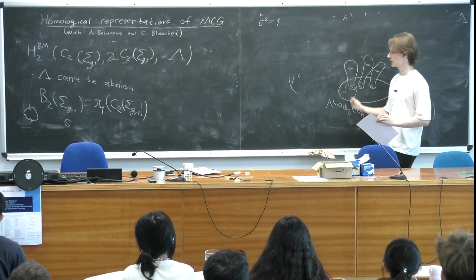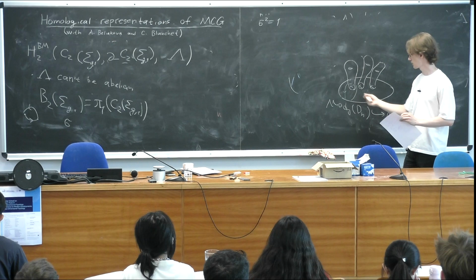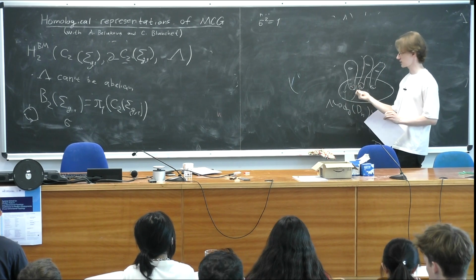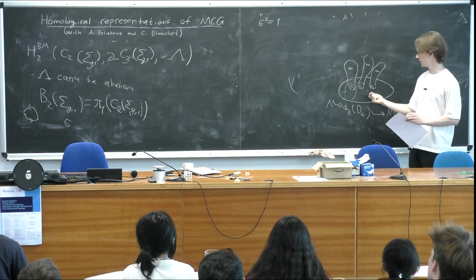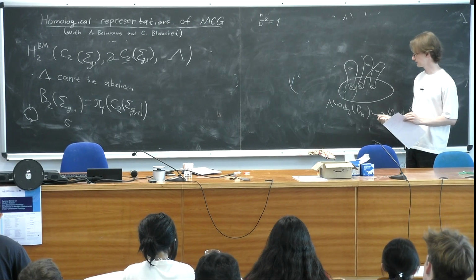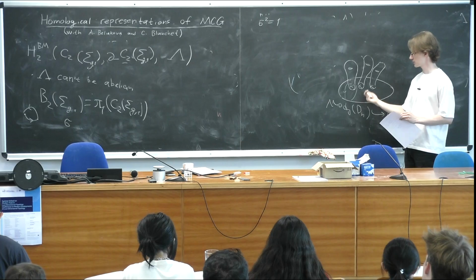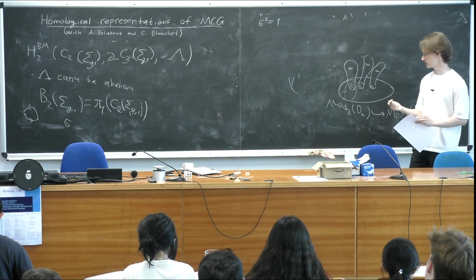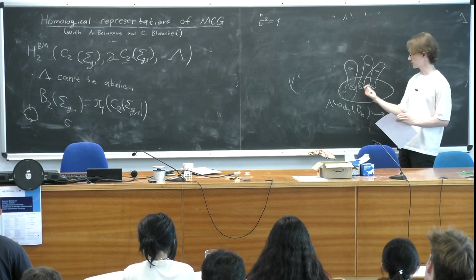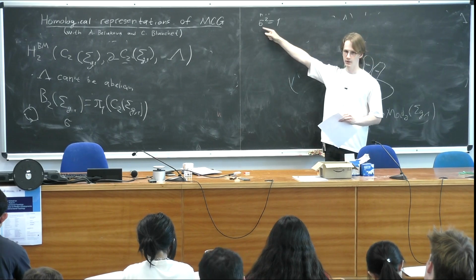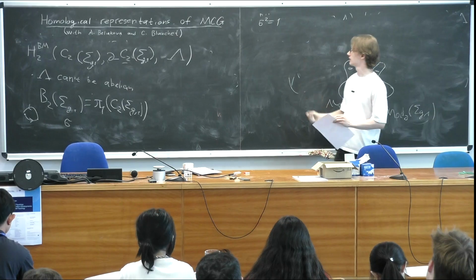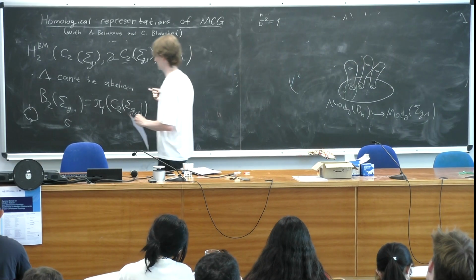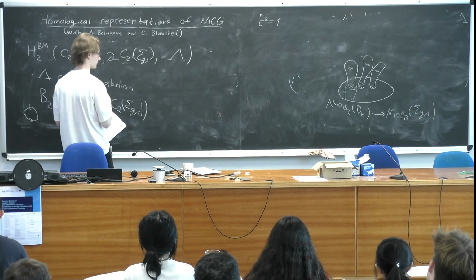But if we take the abelianization, actually this loop will be sent just to 0 because it bounds some subsurface, so it's homologically trivial. So at least one of the parameters doesn't survive, and there is another parameter which was exactly the braiding, and its square is equal to 1. So this definitely doesn't work.